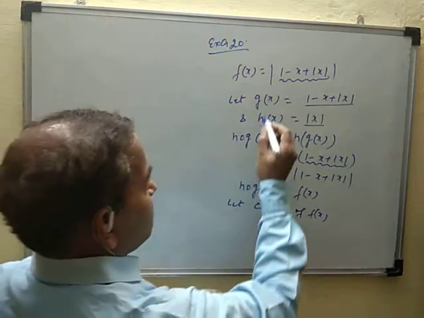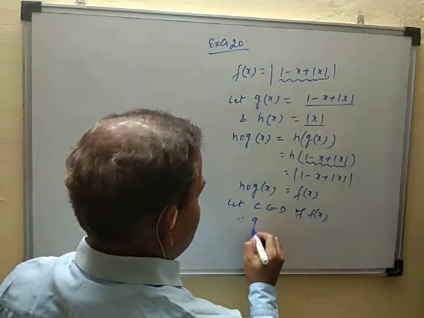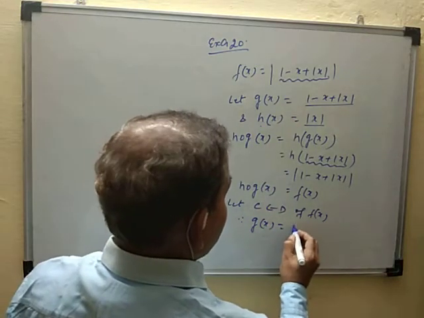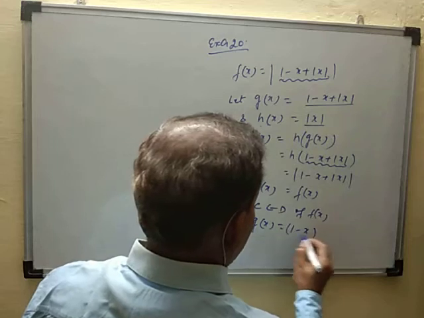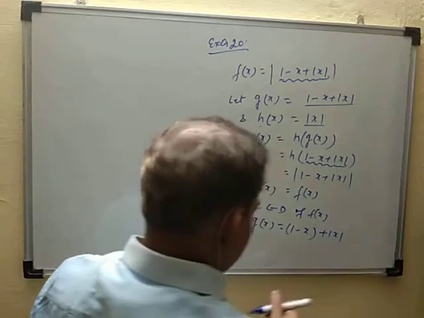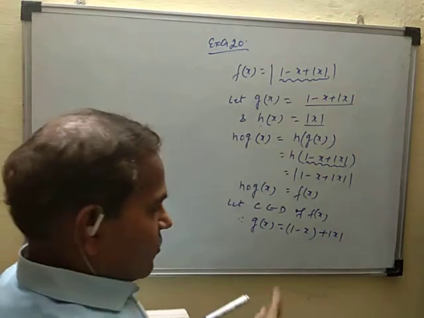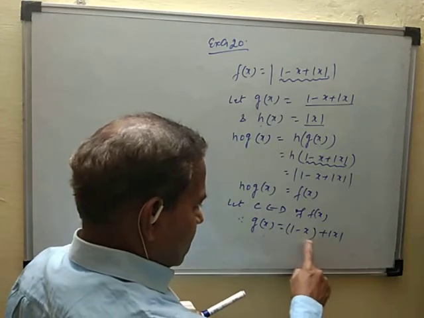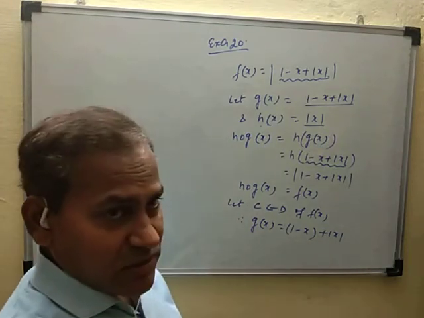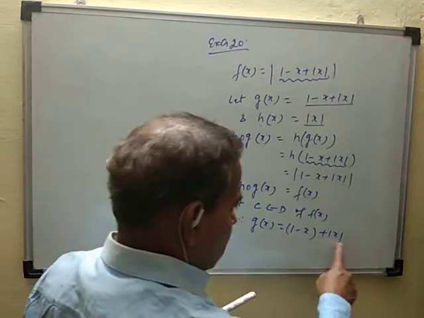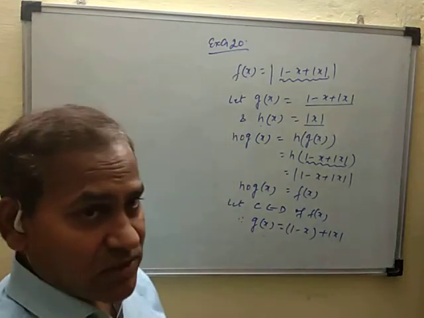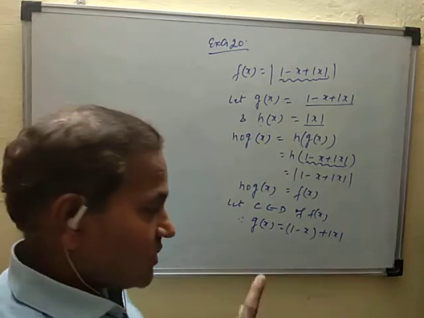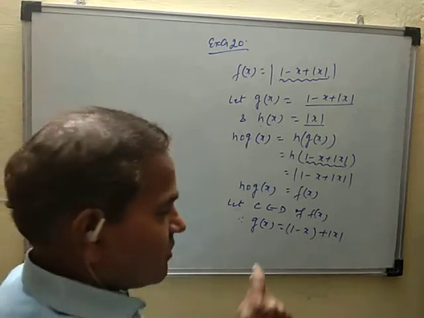Now since g of x is equal to 1 minus x plus mod of x, 1 minus x is a linear expression and mod of x is a modulus function, that is, this is the sum of two functions.